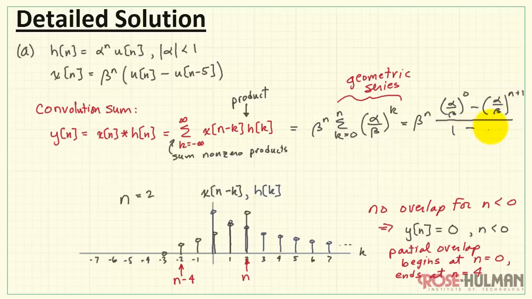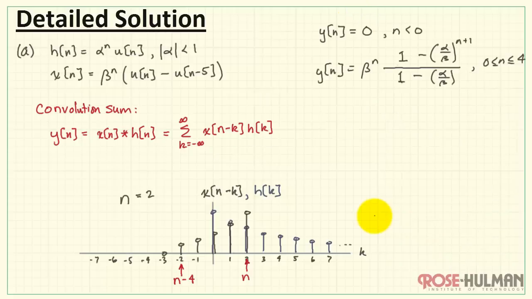We then divide by 1 minus the argument, alpha over beta. Now, of course, anything raised to the 0 power is just 1. And here we have the closed form solution for partial overlap. So let me start to collect my results up here.